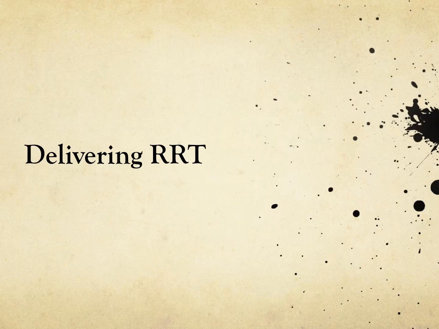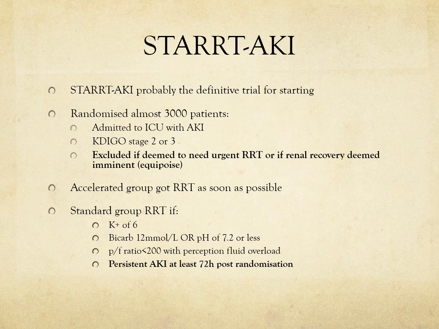The next thing we'll talk about is actually delivering the RRT and the dose that we would use and the timings. START-AKI was a very informative trial for starting renal replacement therapy in the critically ill. They randomised almost 3,000 patients admitted to ICU with AKI with severe renal failure, either stage 2 or 3 of the KDIGO classification.